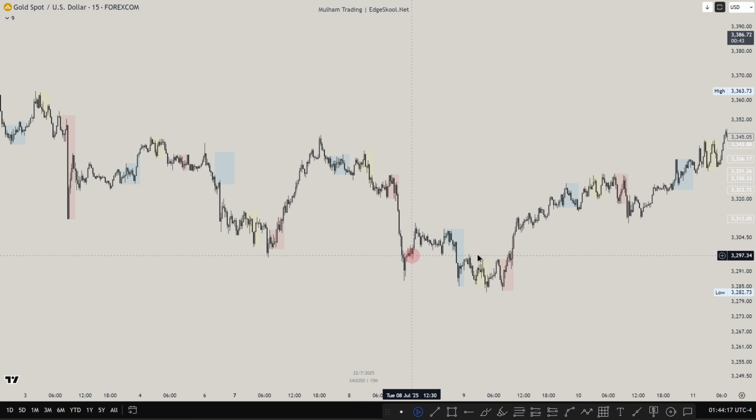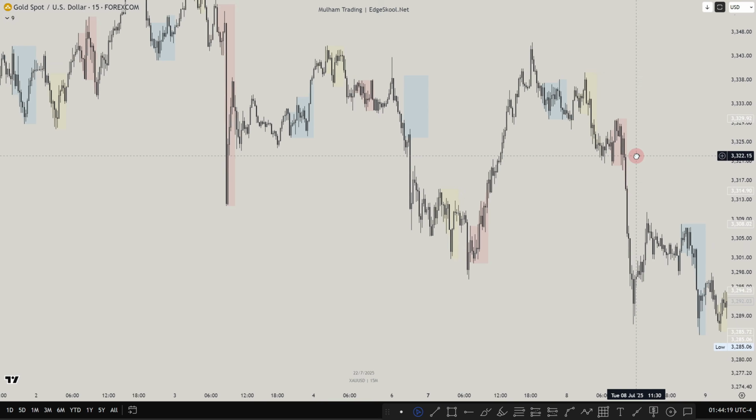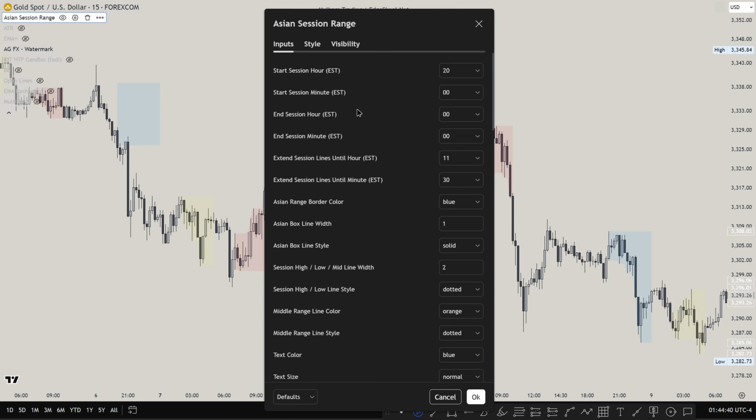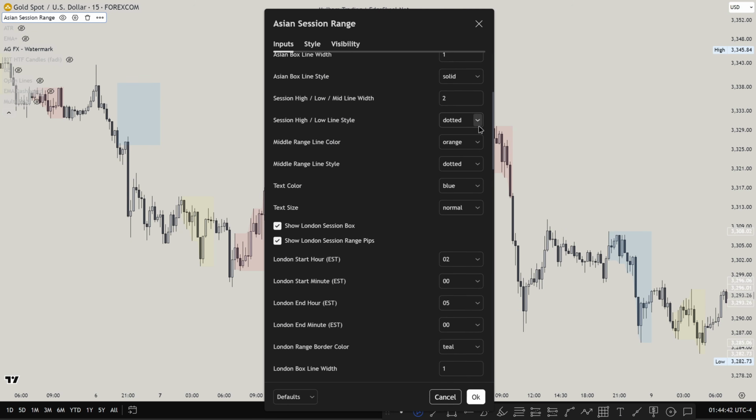Now, what are the ranges that we're going to focus on? We have 3 ranges, and these are the session highs and lows. The first one is from 20 to midnight, and all these timings are in EST, the New York time zone. The indicator that I'm using is this one here, the Asian session range. These are the settings here.